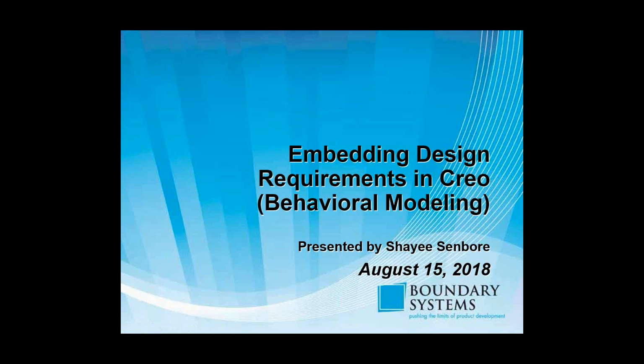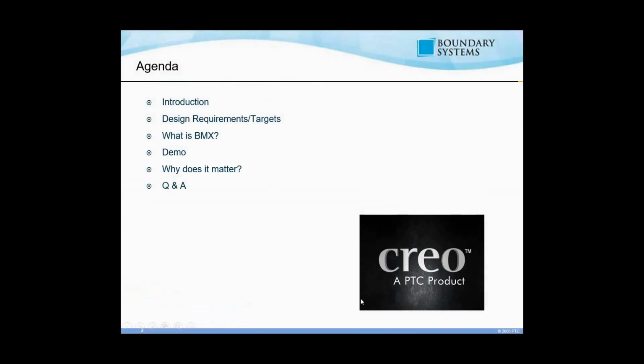All right. So we'll start off, and the way today is going to go is we're going to have a very quick introduction to Boundary Systems and who we are, and then we're going to talk about specifying design requirements or targets and how you can take a look at that inside of behavioral modeling.